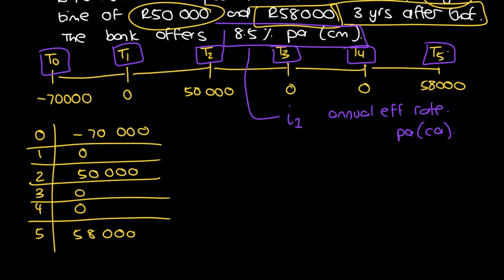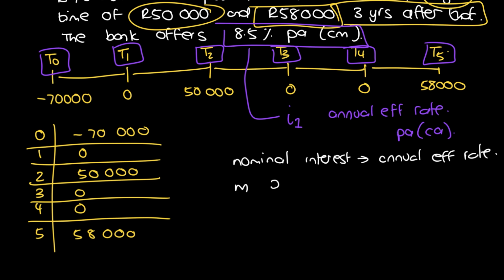So the recipe for doing the conversion from nominal interest, which is what we have here, to the annual effective interest rate, and we can do this on our calculator, is we put M, the XY button, then we put in our nominal interest rate, and then we say second function to activate the EFF button.